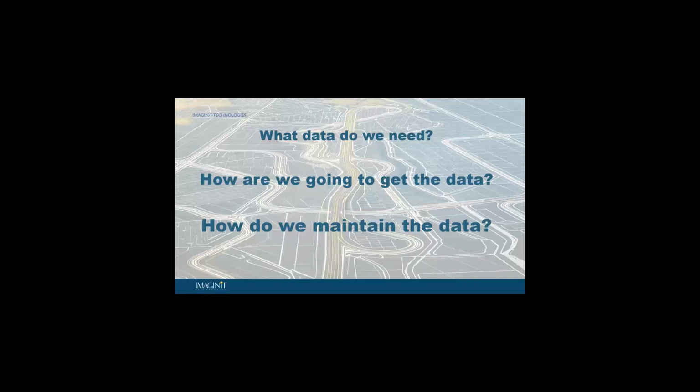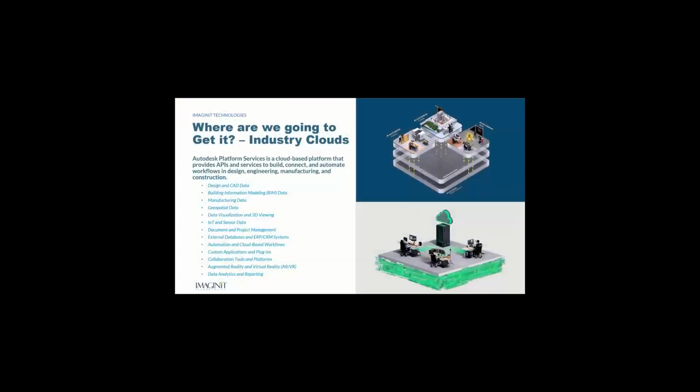This becomes the difference between a descriptive twin, a predictive twin, and a comprehensive twin, because if you're going to maintain data, you constantly need to update and refresh it, making it sustainable to the overall process of a digital twin. You don't want it to be stale. So where are we going to get it, and how are we going to conglomerate and aggregate all this data?